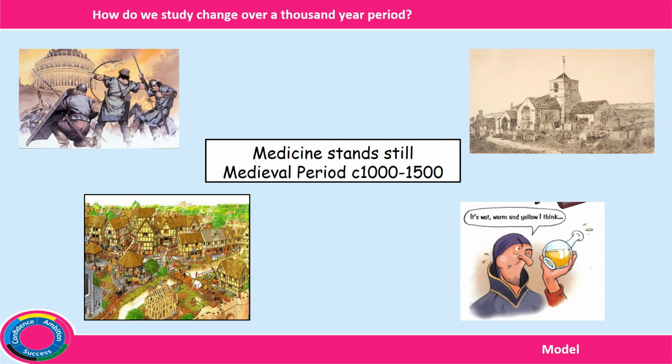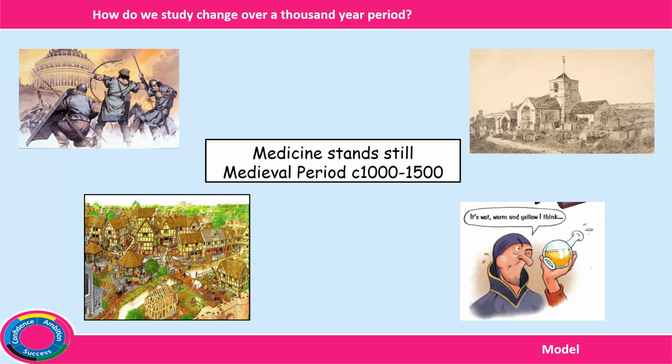So if we look at the medicine stands still section, we look at the impact of religion in particular on medicine. We look at how public health is pretty much non-existent. We look at the different ideas they had about why you were ill and how best to help you. At this time, pretty much everything is centered around the ideas of religion and what the church said.